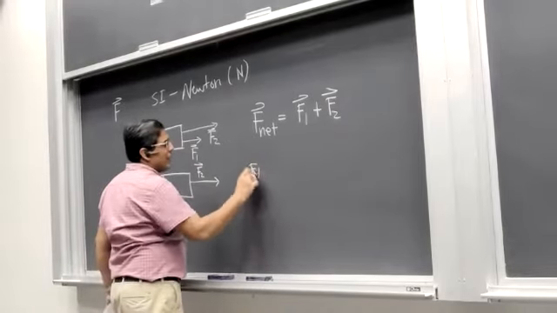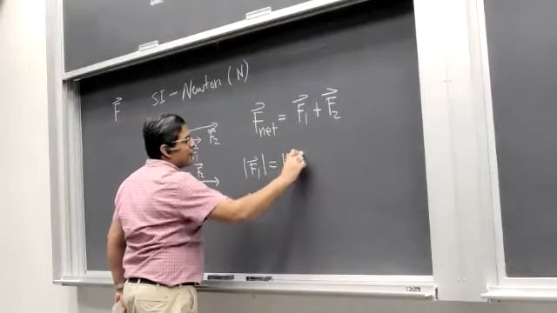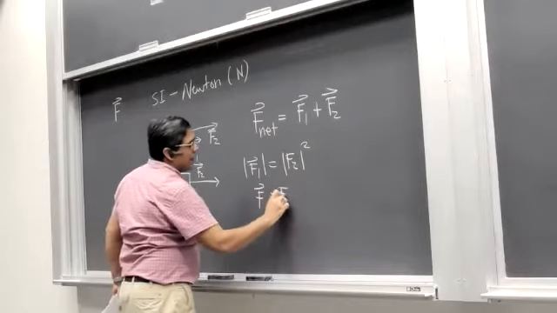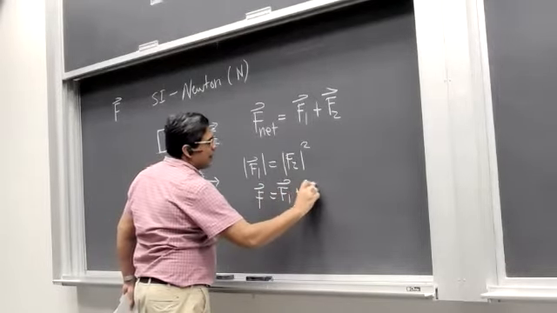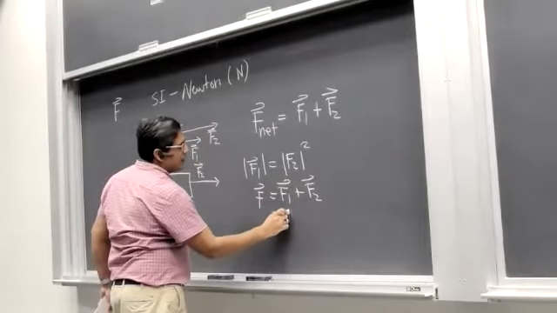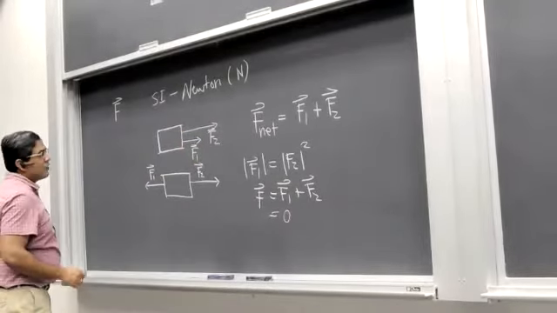Only if the absolute value of F1 is equal to the absolute value of F2, then the vector sum of F1 plus F2 is always zero, right? So there is a concept of net force.